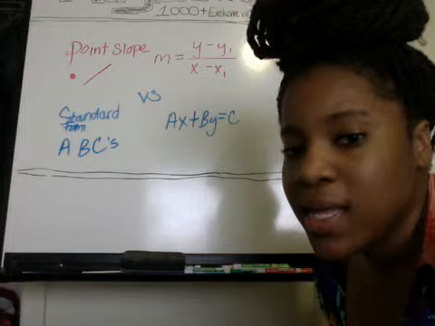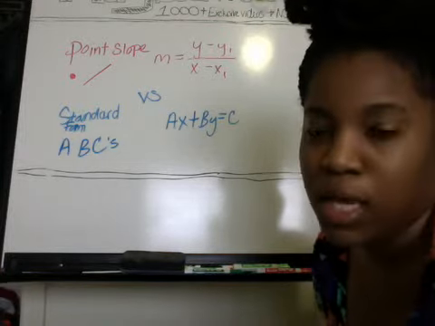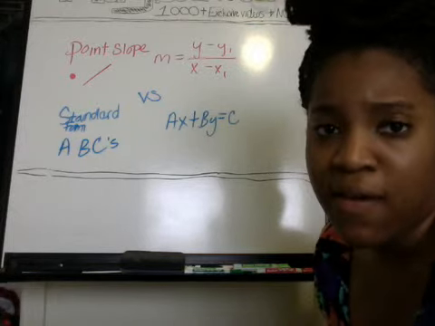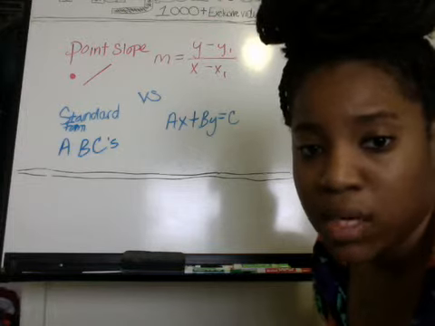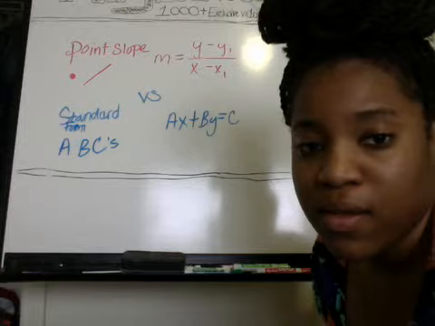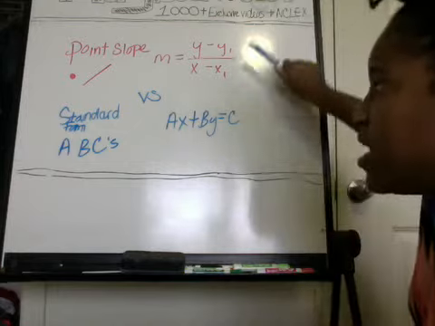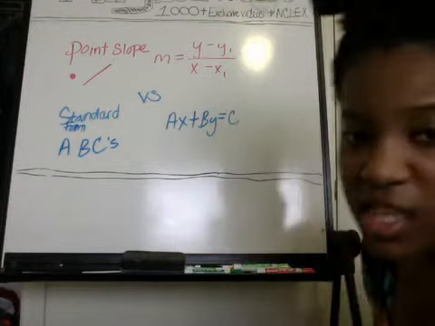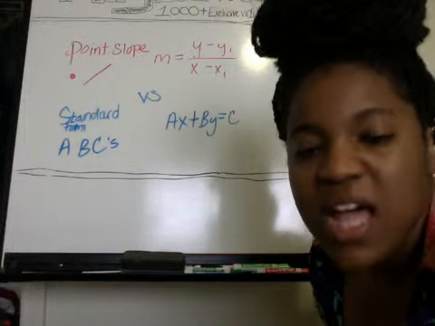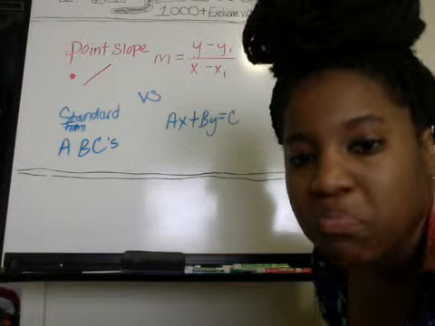So let's say you have a problem, right? And the problem basically states, hey, find this point and put it in standard form, okay? Find something and put this essentially in this standard form. Well, it looks like it doesn't fit, right? Let's try rearranging point slope a little bit.